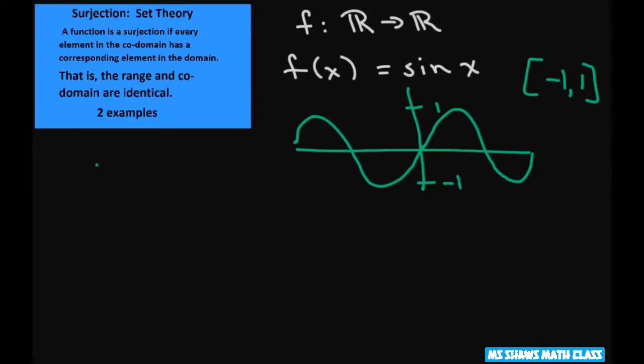For example, sine of x equals 2 has no solution. So the element 2 in the codomain does not have a corresponding element in the domain, and that's if we don't restrict the domain here.